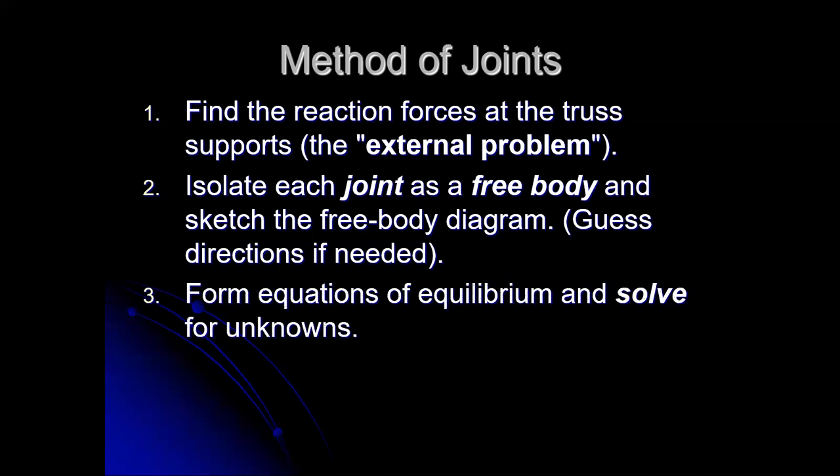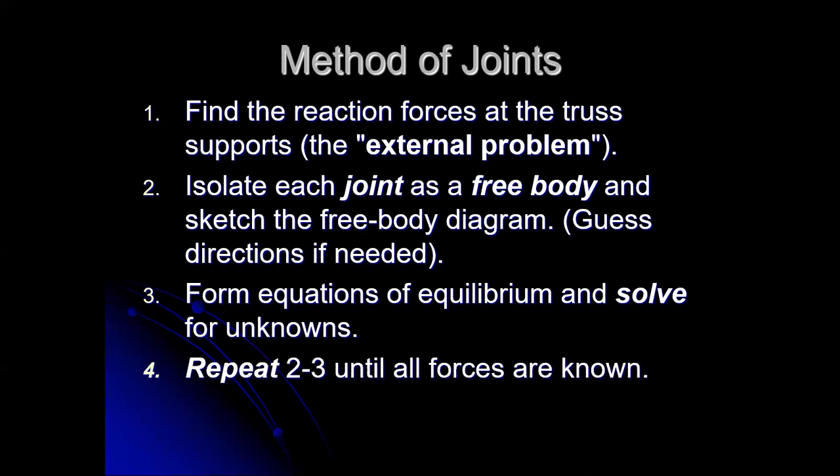So the fundamental component of method of joints is solving equilibrium problems, but we have to solve them iteratively. We have to repeat. So there's a repeat step here. Step 4 is to repeat steps 2 and 3 until we know everything there is to know about the truss.